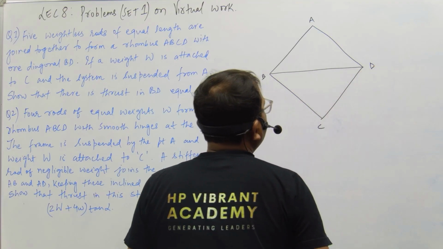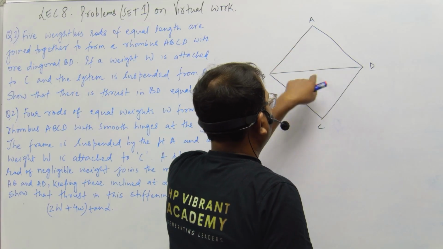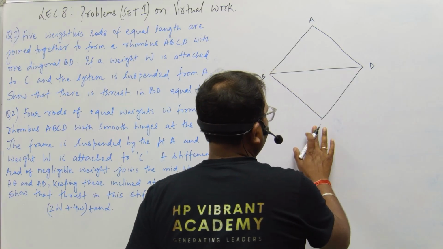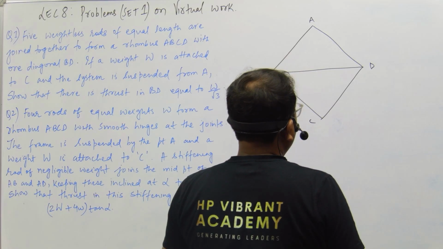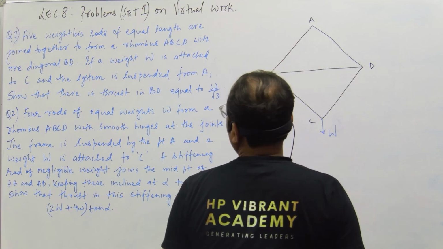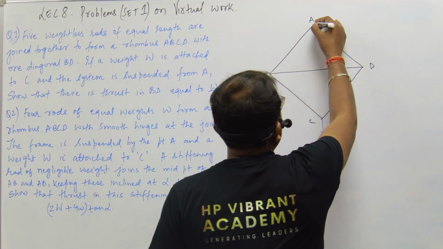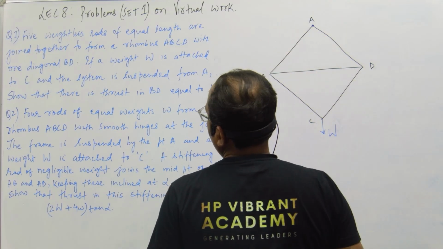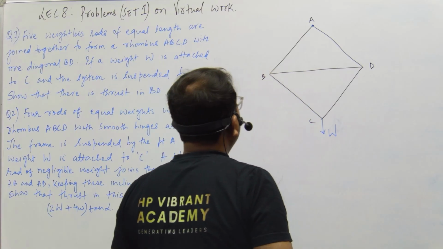So we have the 5 weightless rods: 1, 2, 3, 4 and 5. If weight W is attached to C and the system is suspended from point A, which is the fixed point, show that the thrust in BD is equal to capital W upon 3.